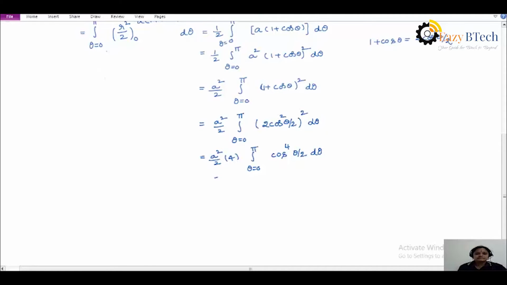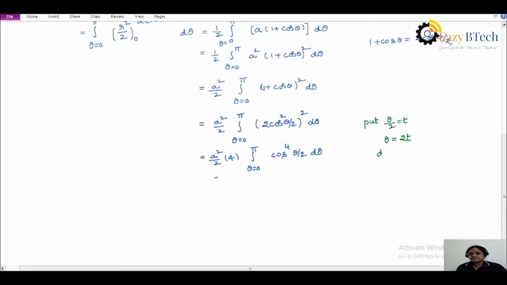Then for the integration, we are using a substitution method here. Put theta by 2 equal to t, then theta is equal to 2t.